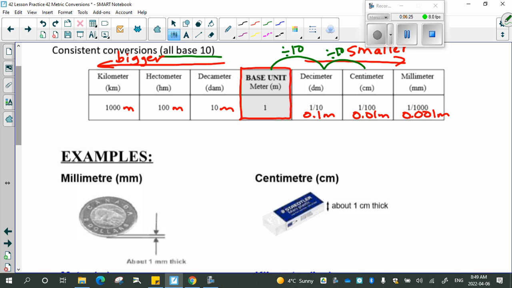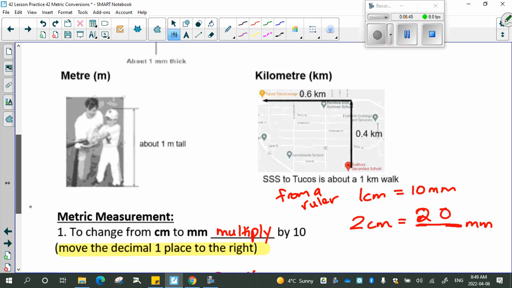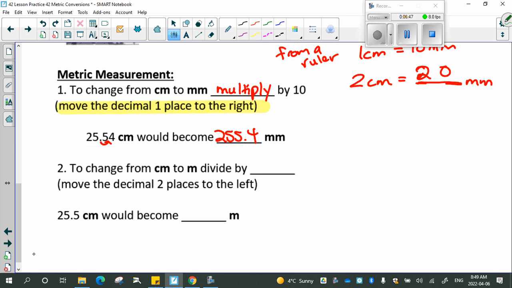So you divide by 100, okay? If you divide by 10 once and divide by 10 again, you've actually divided by 10 times 10, which is 100, okay? You divide by 10 twice. So you divide by 100.